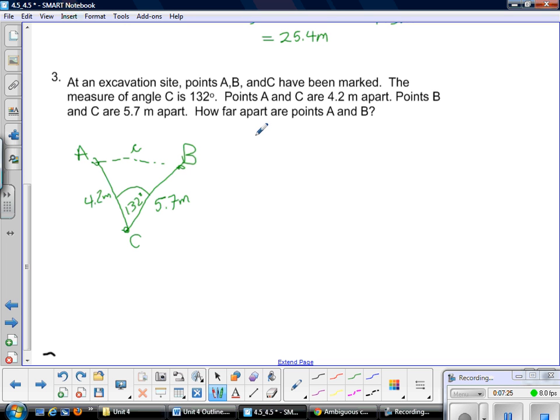All right, so we have c squared equals the other sides, a squared plus b squared minus 2ab cos of c.